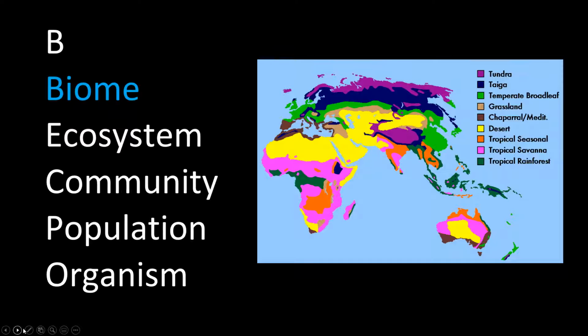A biome is going to include the climate, and depending on the latitudes, how far away you are from the center of the Earth, the equator, and the ocean currents and the wind patterns, you're going to have similar climates, and those climates are going to be what make up the different biomes, those accumulations of ecosystems.